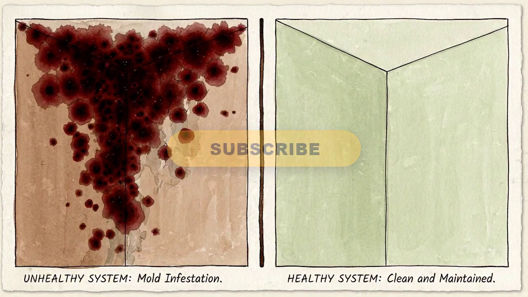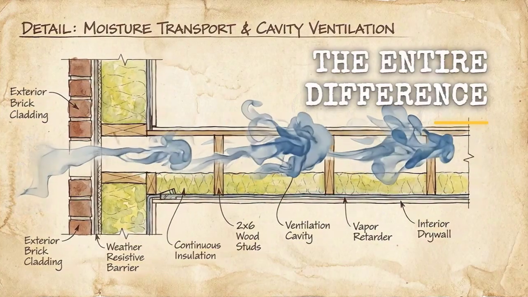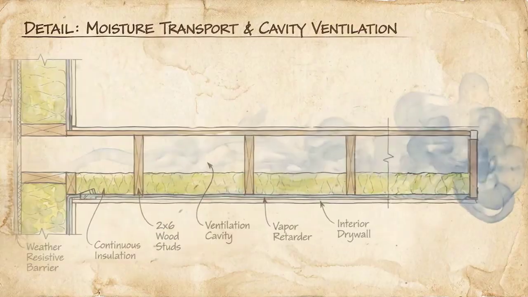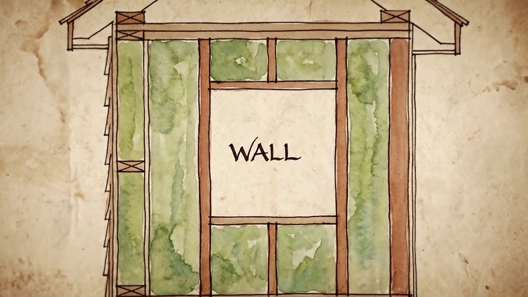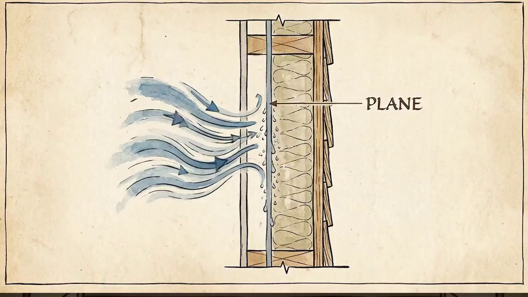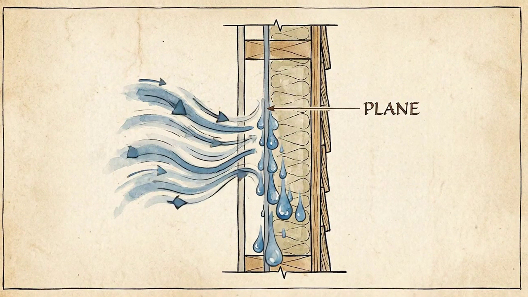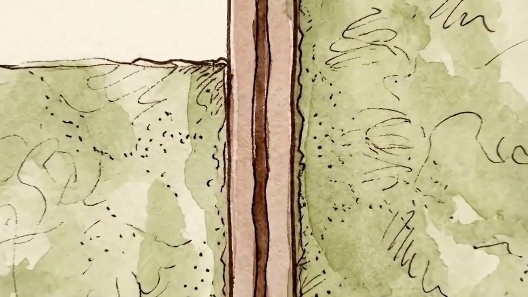Building scientists at the National Institute of Standards and Technology documented this mechanism in detail in their 1994 hygrothermal analysis of light frame wall assemblies. Their finding was direct. The location of the condensation plane within a wall assembly is determined primarily by the ratio of thermal resistance on each side of the vapor permeable zone.